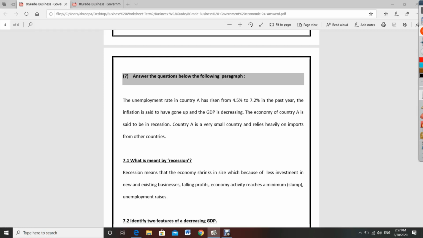The inflation is said to have gone up and the GDP is decreasing. The country of A is said to be in recession. Country A is a very small country and relies heavily on imports from other countries.